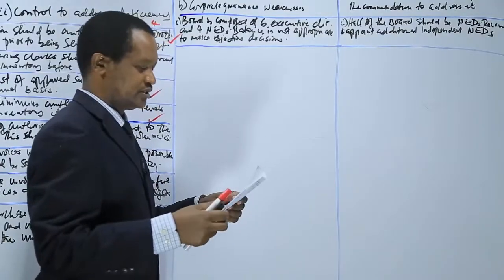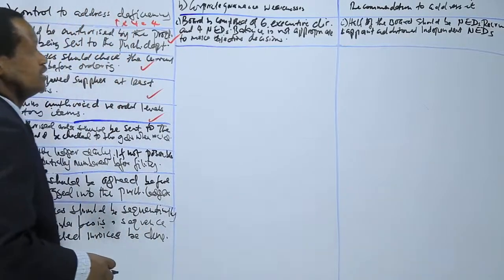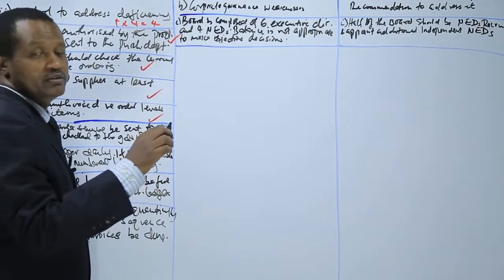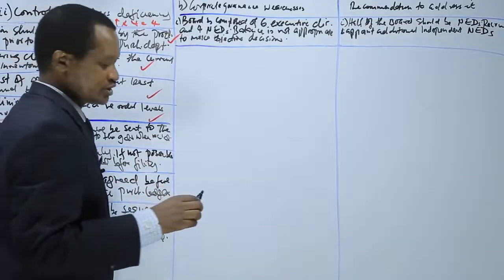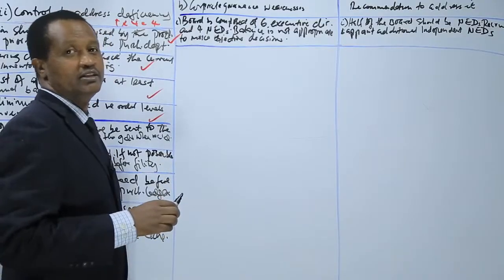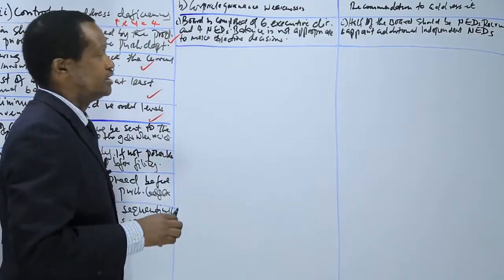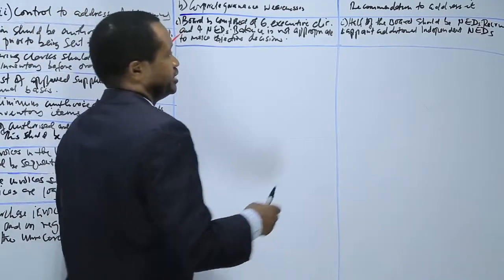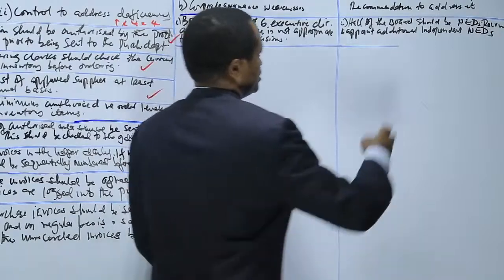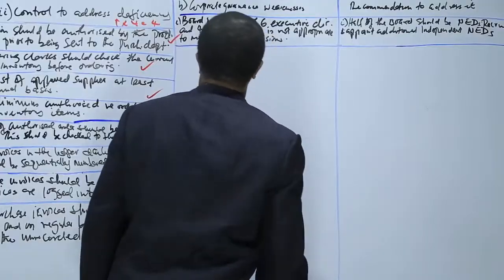Now, there lies another corporate governance weakness. Due to the fact that this chairman was a former executive director of the company, that raises a question of independence. Can this chairman be independent? That's an issue that has to be addressed. So let me put down the weakness.